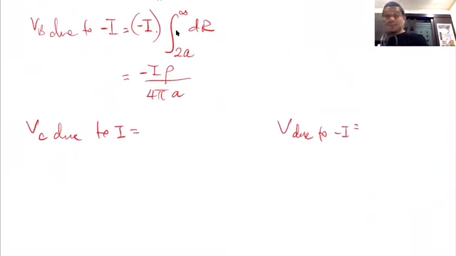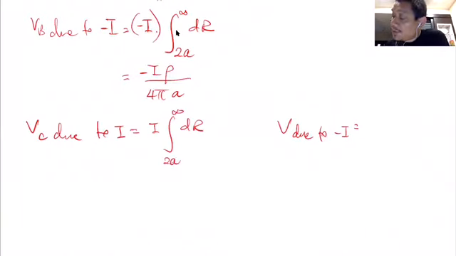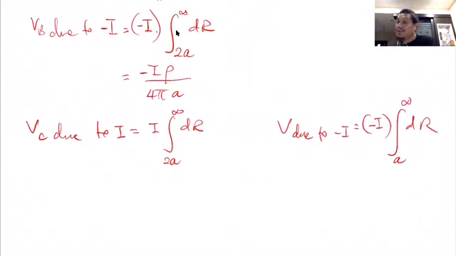So just complete this one. C due to I is 2A away, and the other one, minus I, is nearer, so A to infinity.